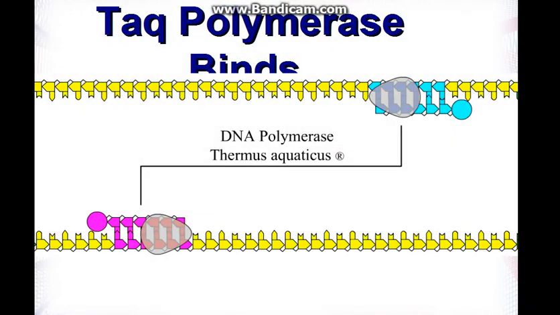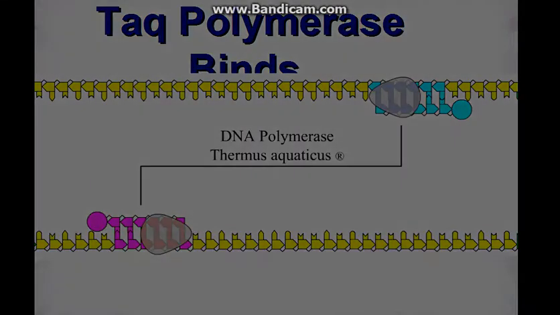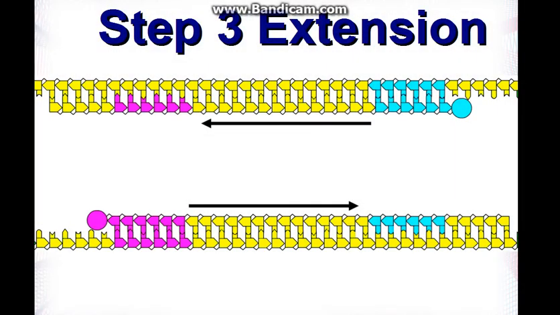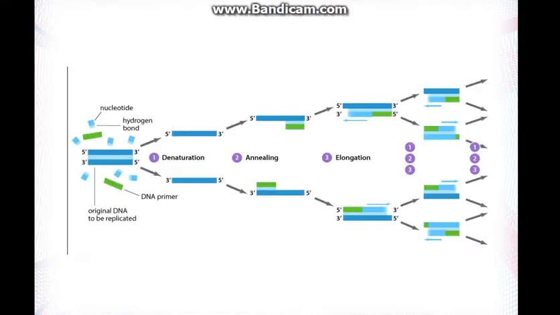Then step 3 is, we will add an enzyme known as Taq polymerase. This is DNA polymerase, but this one is heat resistant. Then the replication will take place by adding all these things, and along with we will add nucleotides. Then extension and elongation will take place, and we will receive our desired DNA segment.